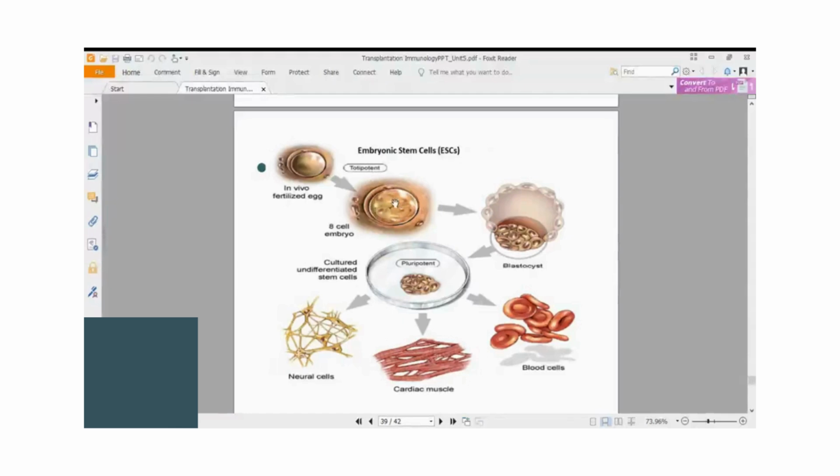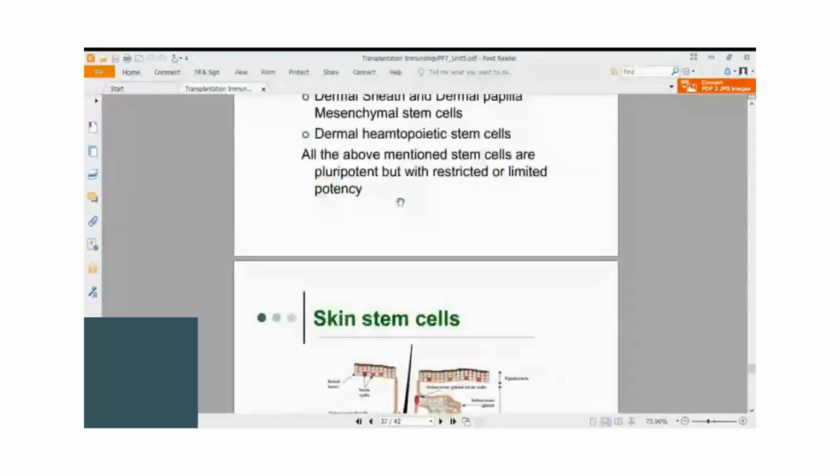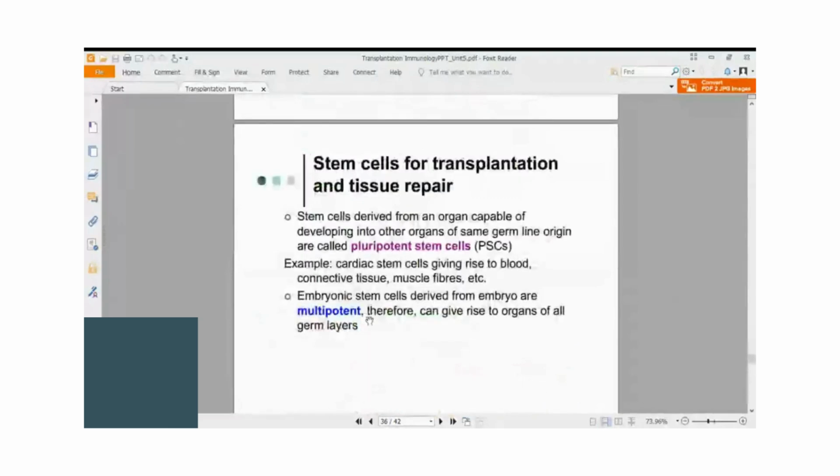It means these cells have not yet blocked or shut off certain genes. All the genes in these cells are active, and those genes can be taken advantage of to grow into a particular organ of any of the three germ layers, and that potentiality is called totipotent.